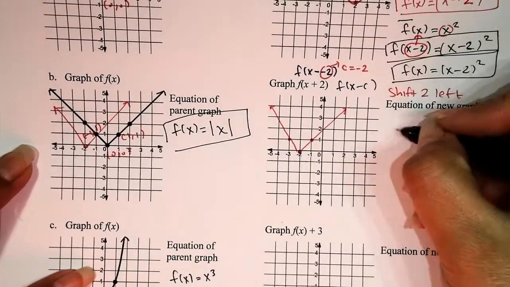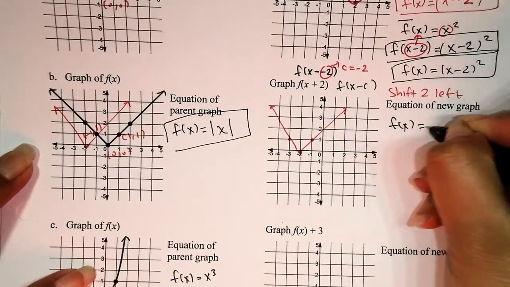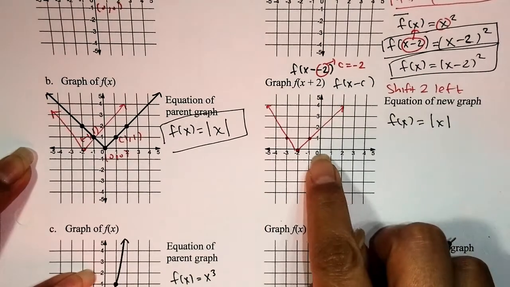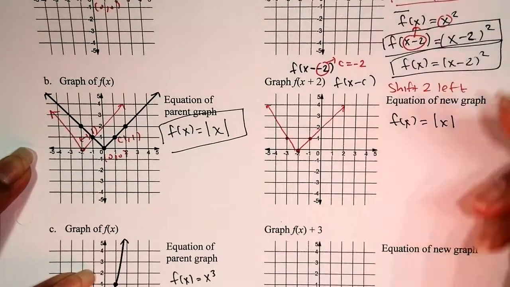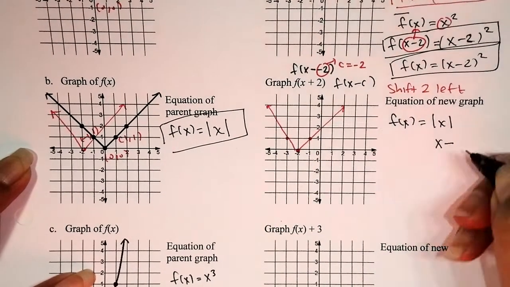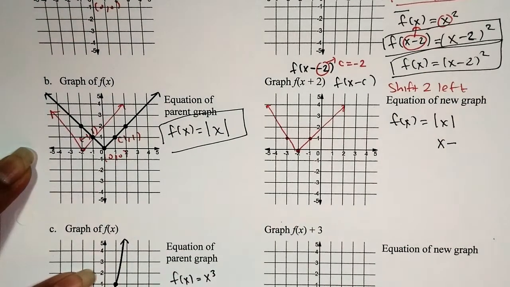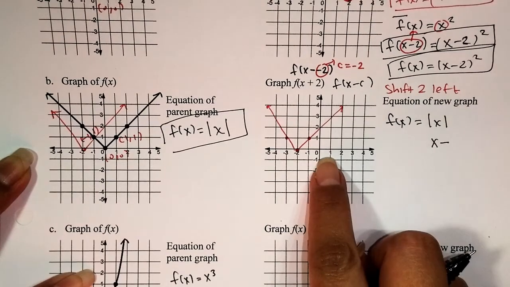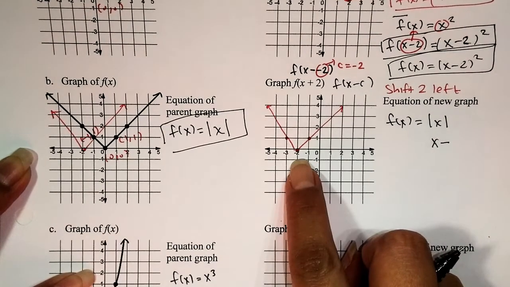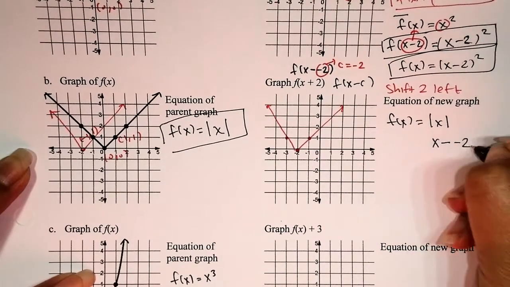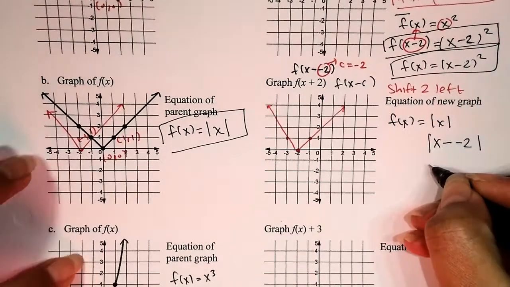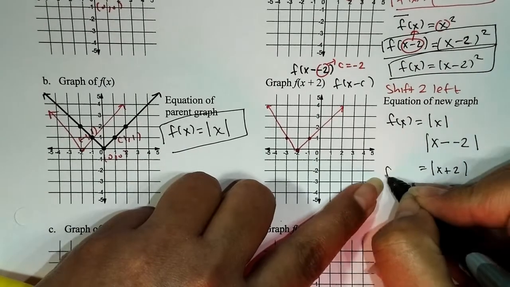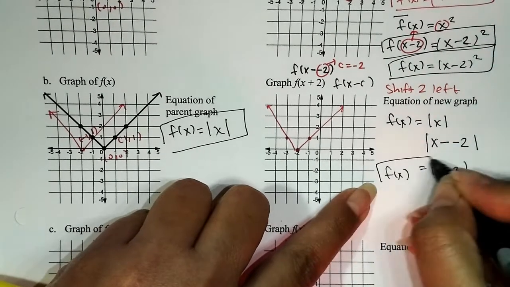The graph of the parent function was f of x equals absolute value of x, and then we had some horizontal shifting. Horizontal shifts are given of the form f of x minus c, so we're going to subtract something from the x. Since we shifted 2 units to the left, we're going to subtract a negative 2, and that simplifies to absolute value of x plus 2. Cool. So sorry about that.